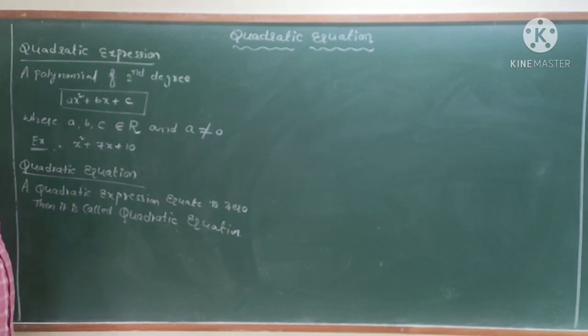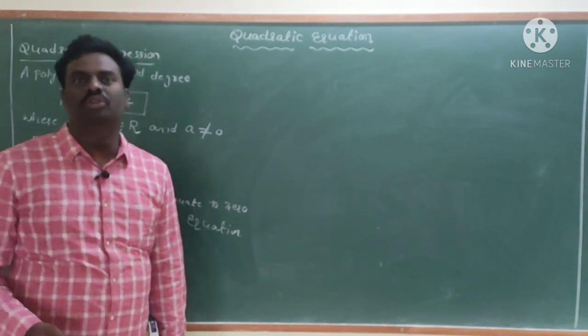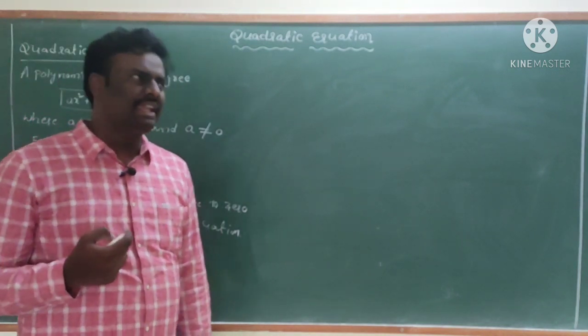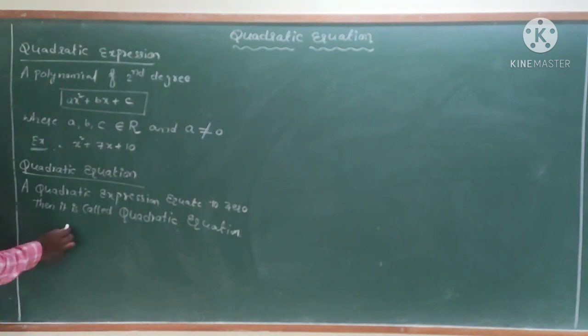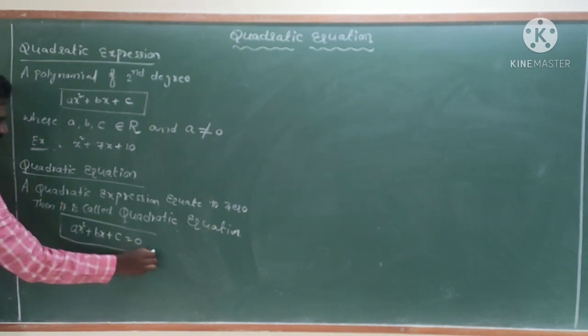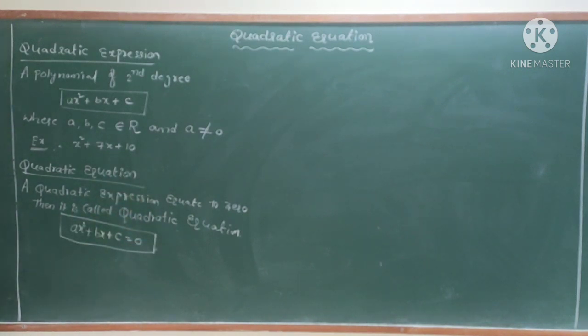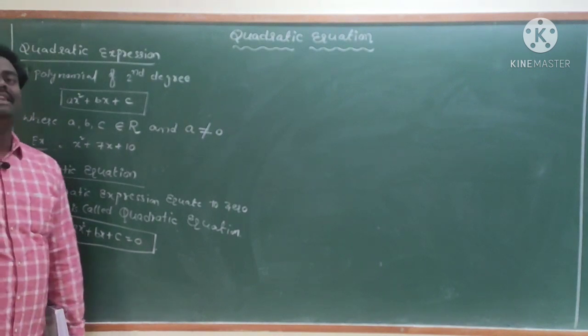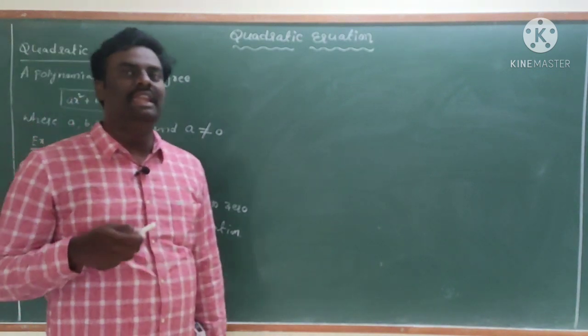A quadratic expression which is equal to 0, that is called quadratic equation. It is in the form of ax square plus bx plus c is equal to 0.